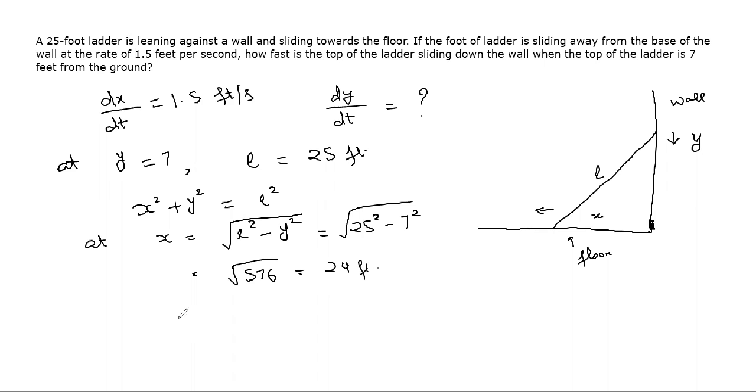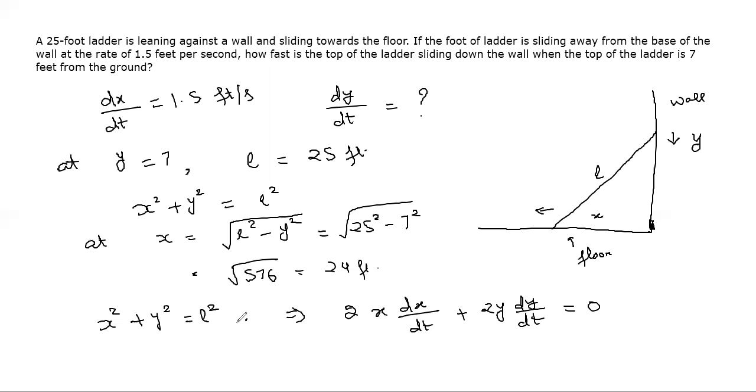Now the relationship is simply x square plus y square equals L square, but this relationship is not sufficient to solve for the rate. Differentiating both sides gives us 2x dx by dt plus 2y dy by dt equals 0.